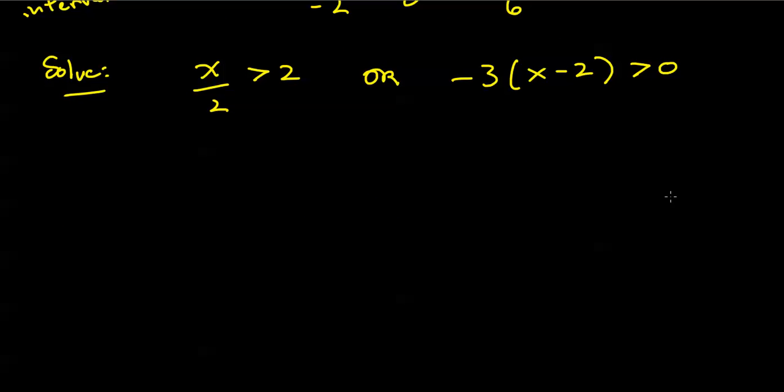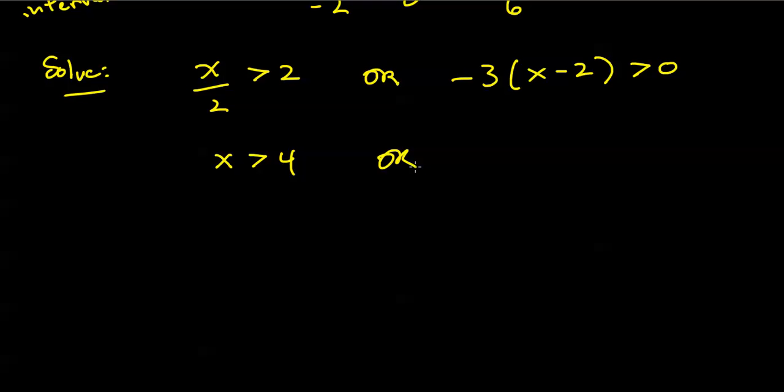Alright, so the solution set will really be the union of solutions to both of these inequality statements. The one on the left branch, I can solve pretty easily. I'll just multiply both sides by 2, and I get x is greater than 4.